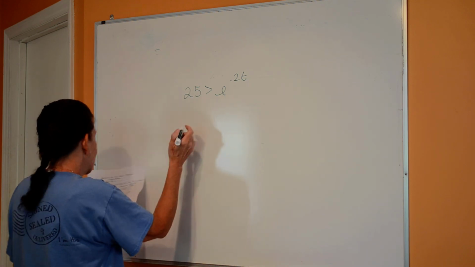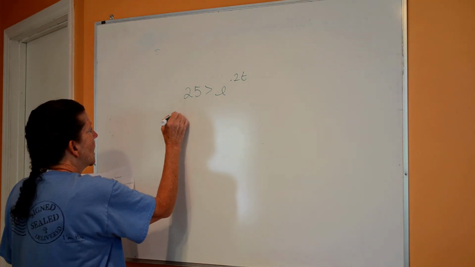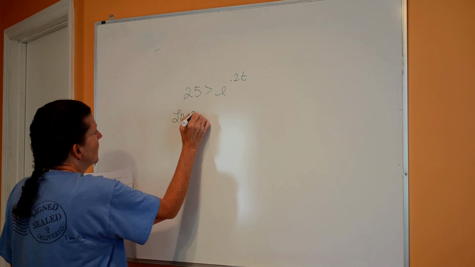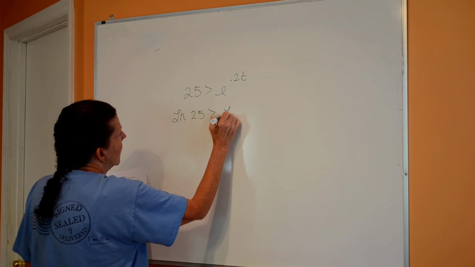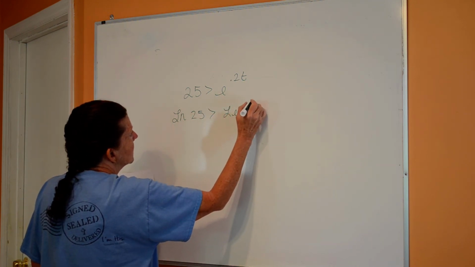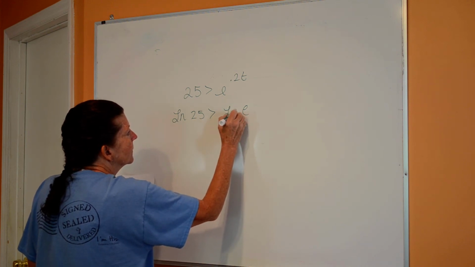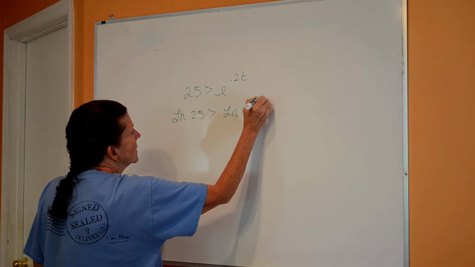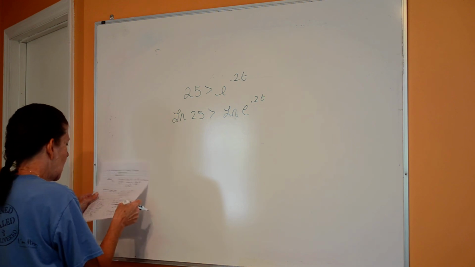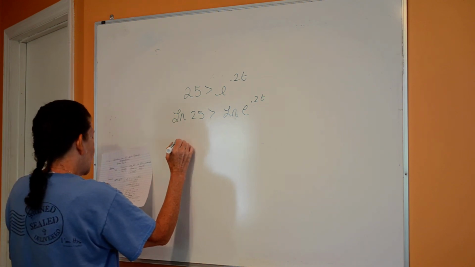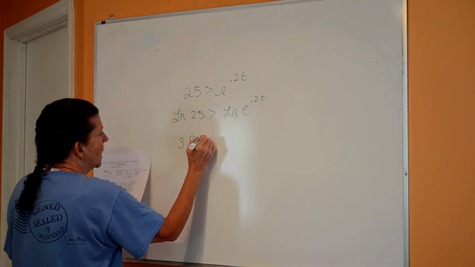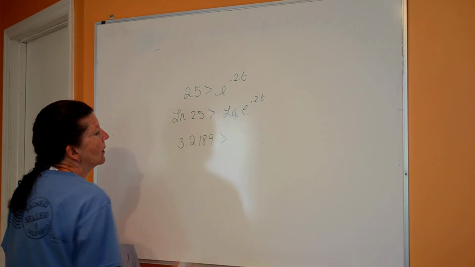So let's say I take the natural log of both sides, so ln of 25 is greater than ln of e raised to the 0.2t power. All right, the natural log of 25 is 3.2189. I do that on my calculator.